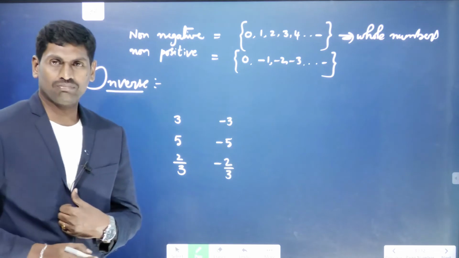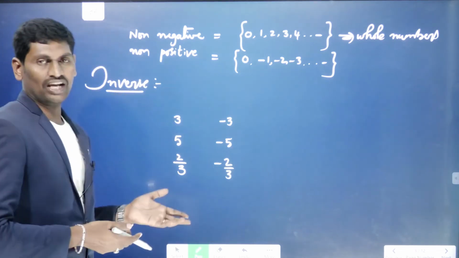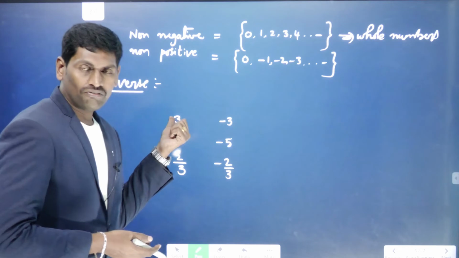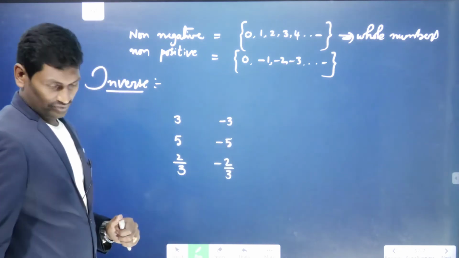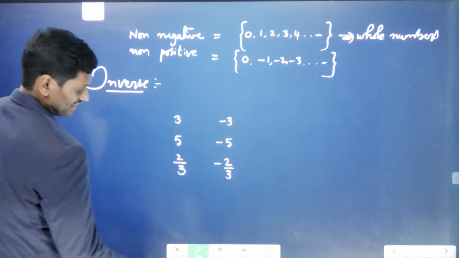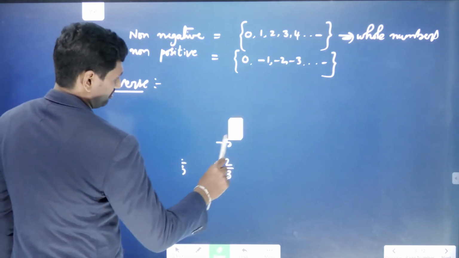So if you take any number system, like in integers we have, for every positive integer there exists a negative integer.